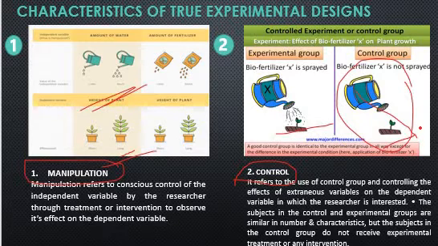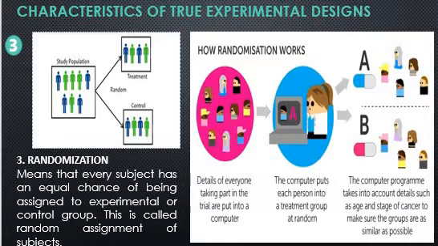The control of the effect of extraneous variables on the dependent variable can be ensured by adopting a number of methods like matching, counterbalancing, and homogeneity by statistical test. The next characteristic of a true experimental design is randomization. Randomization means that every subject has an equal chance of being assigned to the experimental or the control group on a random basis.